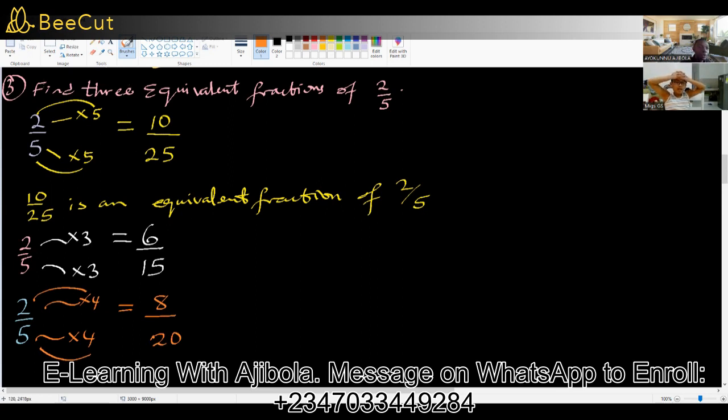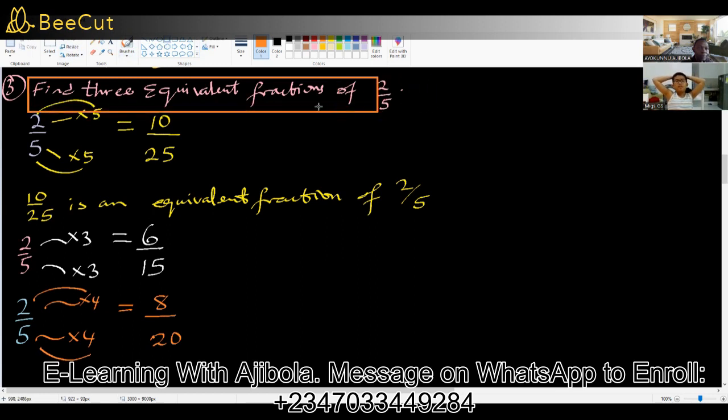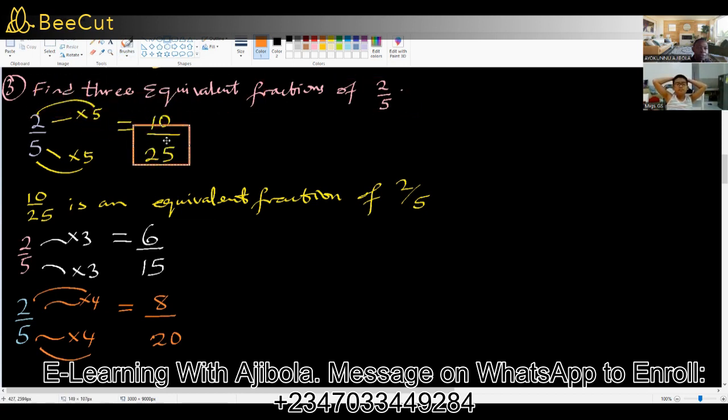So read the question again, please. What did the question say? Find three equivalent fractions of 2 over 5. Now, where are the three equivalent fractions? This is the first one, 10 out of 25. This is the second one, and this is the third one. So what are our answers now?